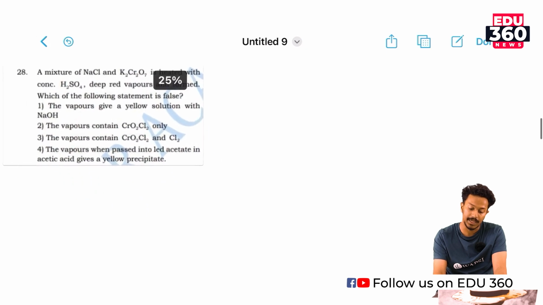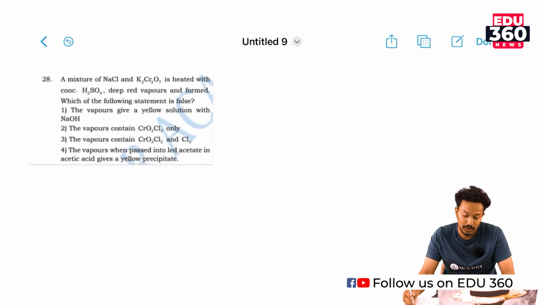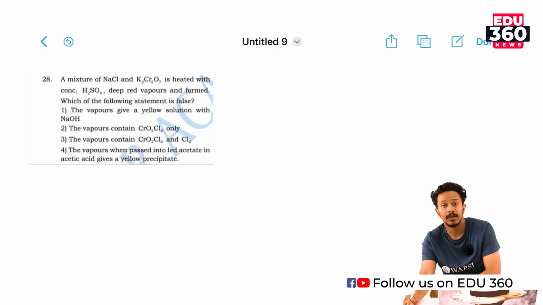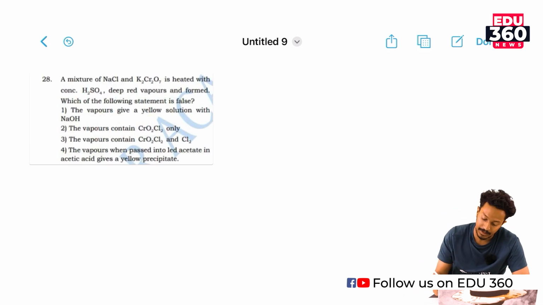Question number 28. A mixture of NaCl, sodium chloride, and potassium dichromate is heated with concentrated H2SO4. Deep red vapors are formed. Which of the following statements is false? Let us move on to the reaction so we can easily explain this question.